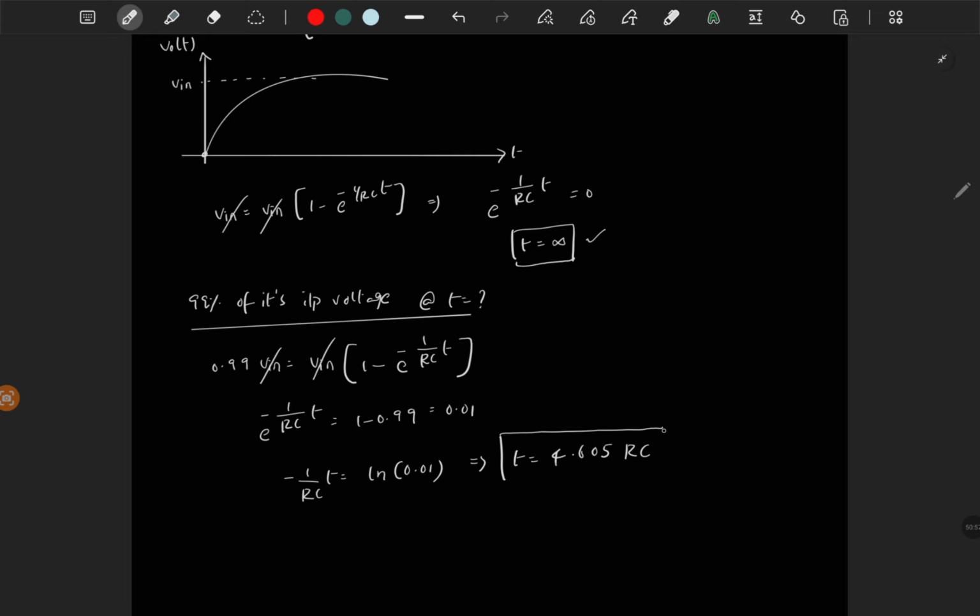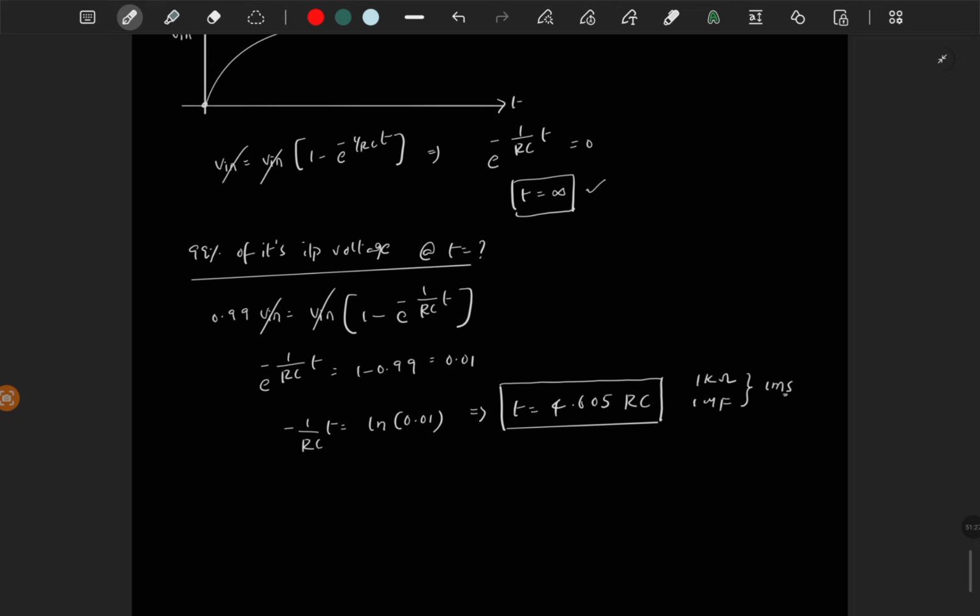So if you wait for this much time, 4.6 times RC, let's say R is 1 kilo ohm and C is 1 microfarad, then RC is 1 millisecond, right? So if you wait for 4.6 milliseconds, the voltage across the capacitor reaches 99% of its input voltage.